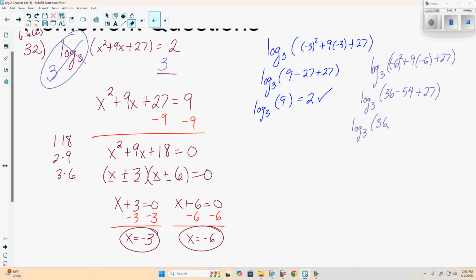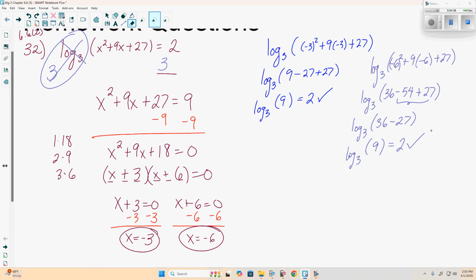Unfortunately, here we don't have a nice subtraction like we did on the first one, but negative 54 plus 27 is actually negative 27. 36 minus 27 is 9.